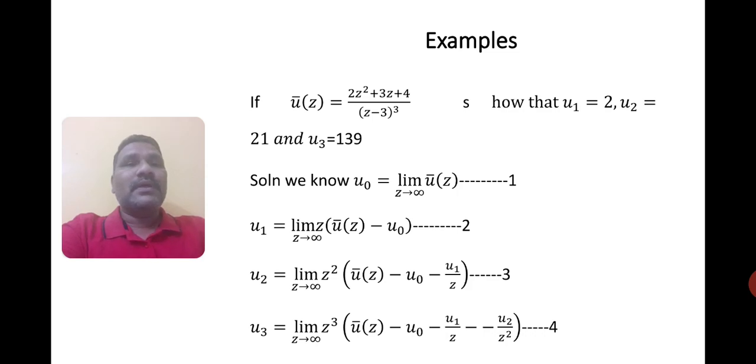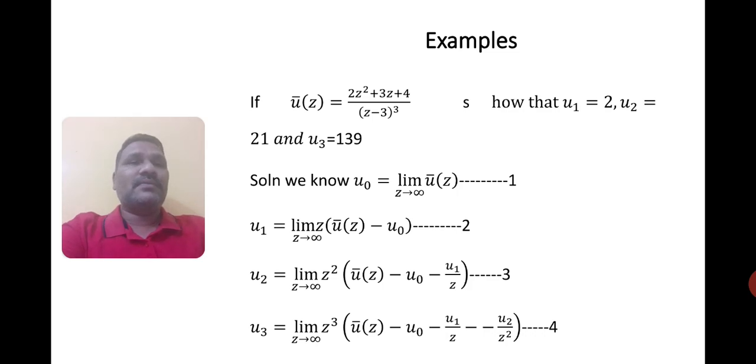Why? Because in u1 we need the value of u0. Therefore, you are going to calculate u0. After getting u0, u1, you can calculate u2, u3 by using the equation. Okay, this is what we have just done.